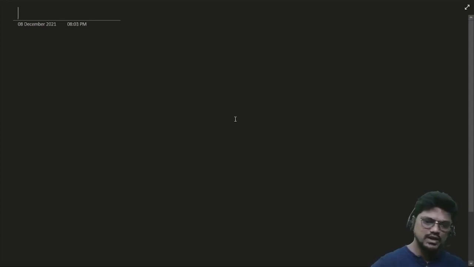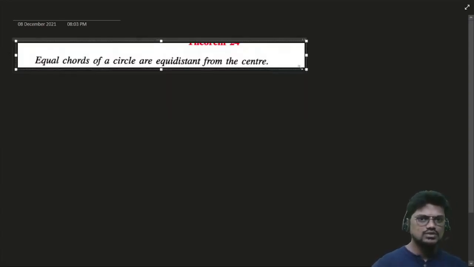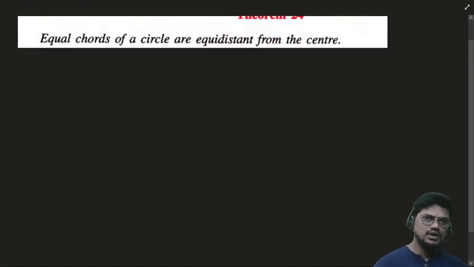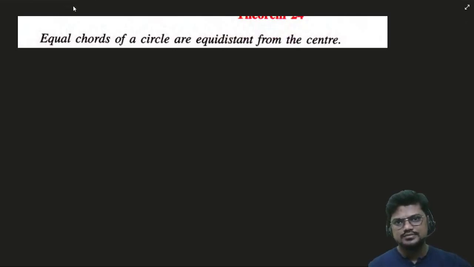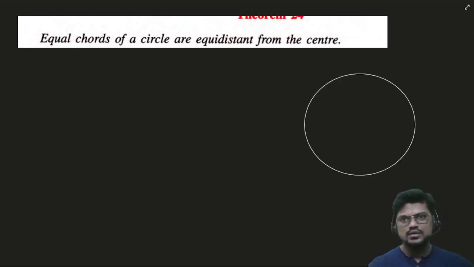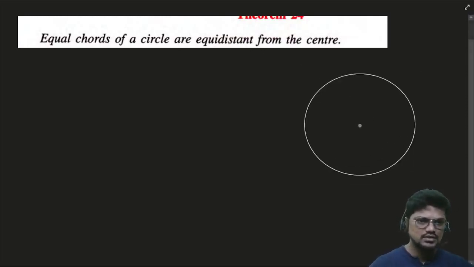Now the next proof which you have is this: equal chords of a circle are equal distance from the center. Okay, now let's draw a circle to prove it. Now let's say this is the center of the circle.